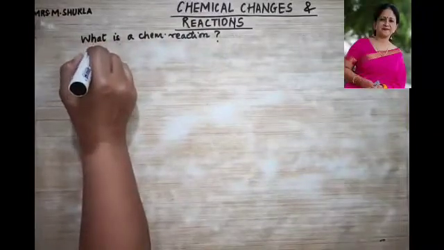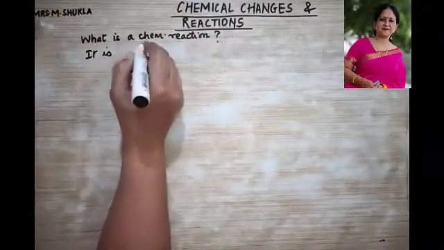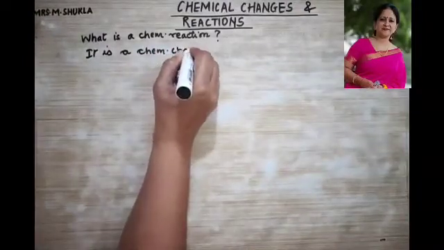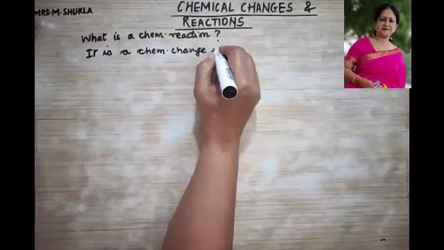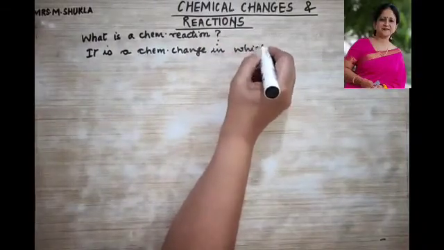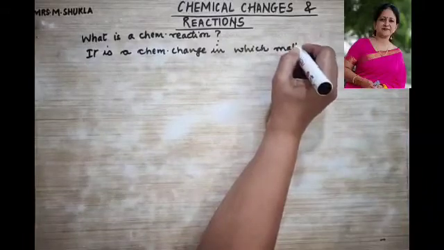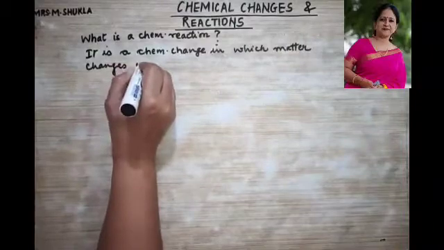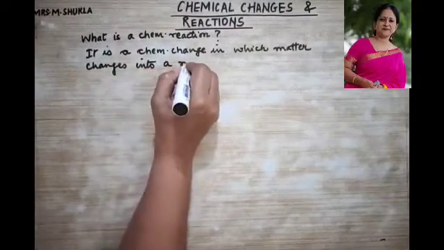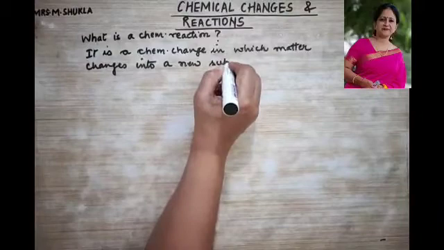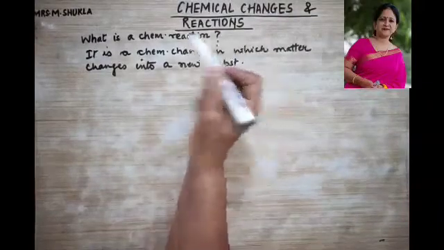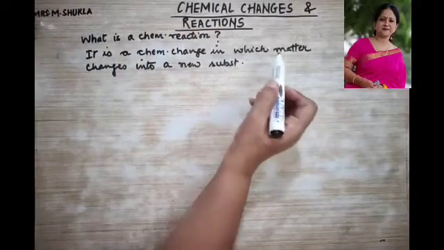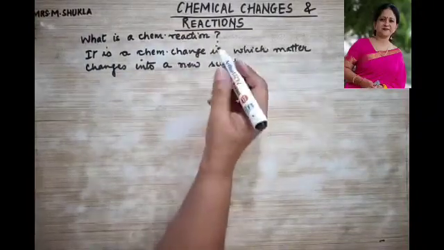So write down, a chemical reaction is a chemical change in which matter changes into a new substance. Okay, what did I say? What is a chemical reaction? Chemical reaction is a chemical change in which matter changes into a new substance.